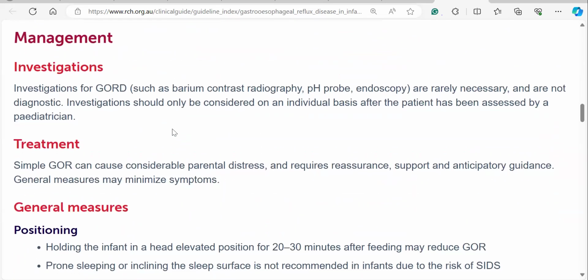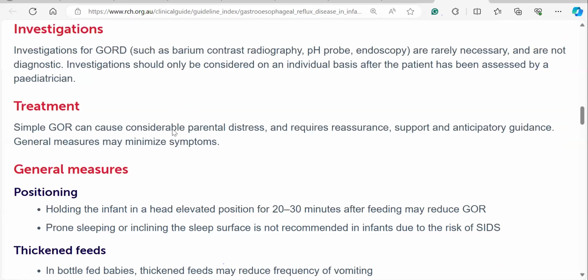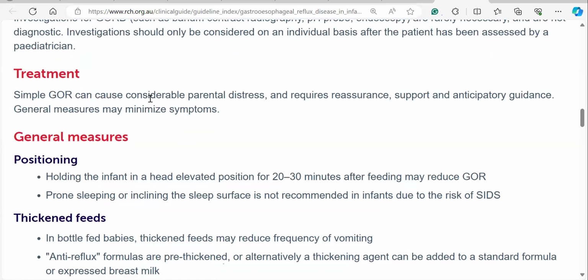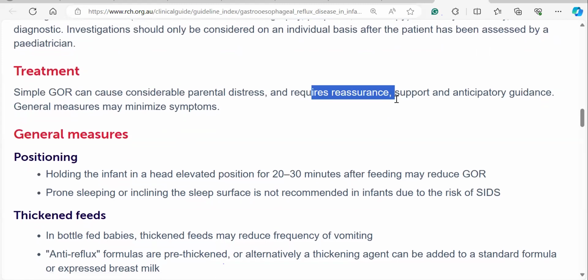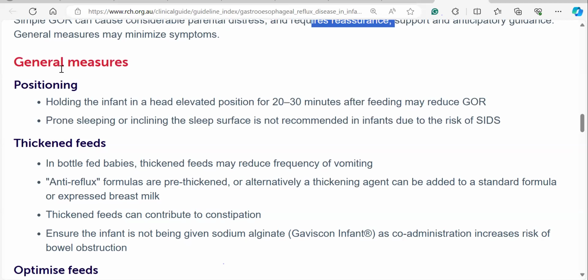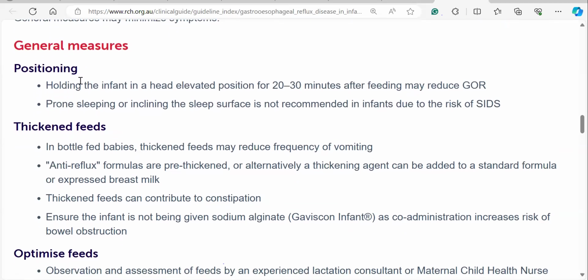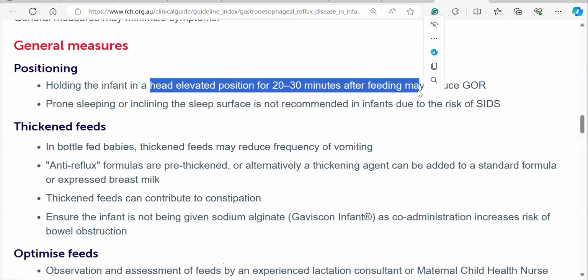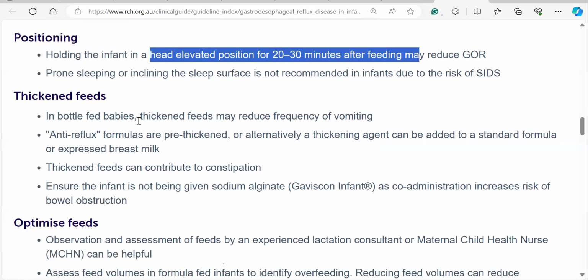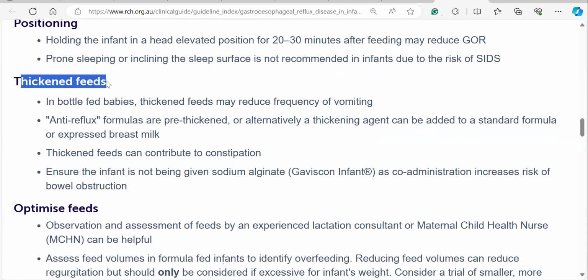How will you manage this condition? So for reflux, there is usually no treatment needed. So simple gastroesophageal reflux requires reassurance and some general measures, which means that you will advise the parents to keep the head elevated after they put the child in the cot. They can also use some food thickener. So sometimes this is actually what comes in exam. So you can give them some Gaviscon.